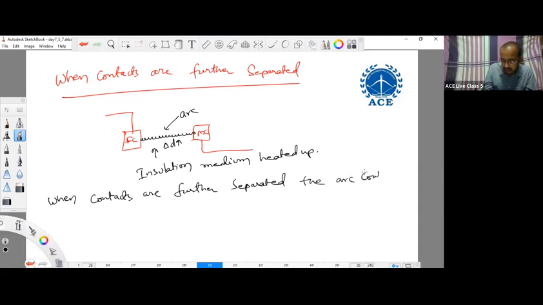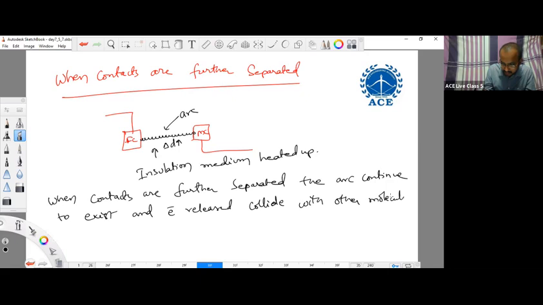The electrons released collide with other molecules, and heat is generated and the insulation medium is heated.